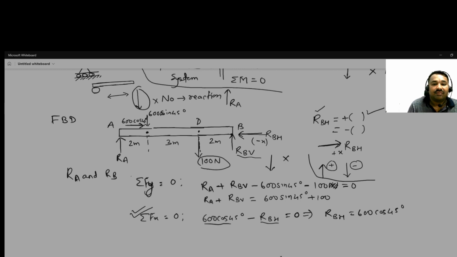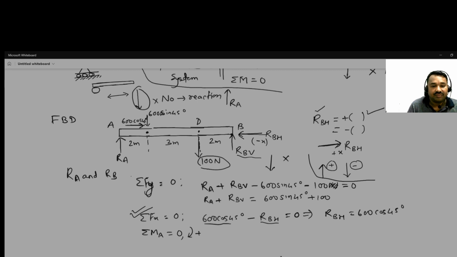Okay, but how to get RA and RB? For that we need to apply the moment equilibrium conditions. So suppose moment about A I am taking, okay, and positive direction we are taking the clockwise. The clockwise we are taking positive direction.